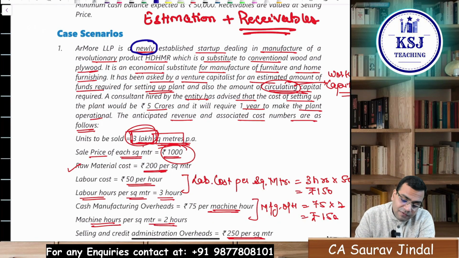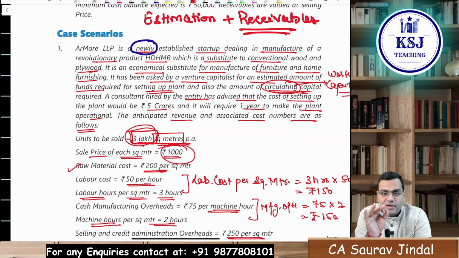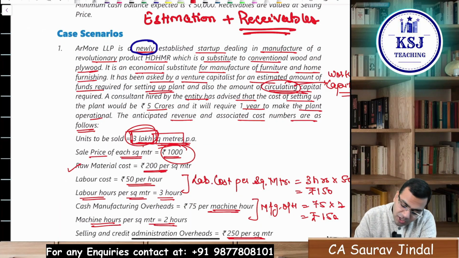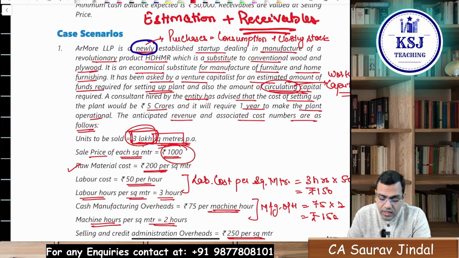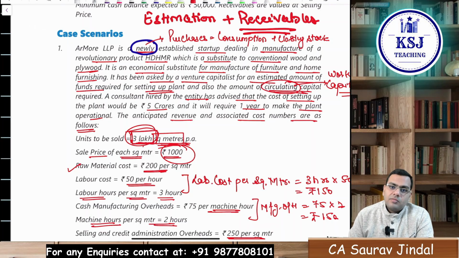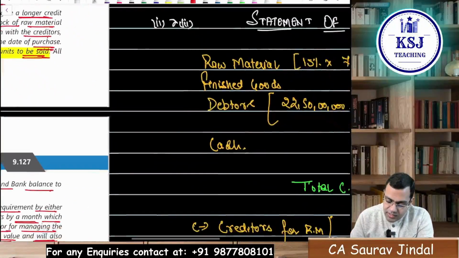So in case of a newly established startup, when you take the creditors for raw material, what will be your purchases? Your purchases will be equal to consumption, that is annual consumption, plus closing stock. So what is the consumption now?